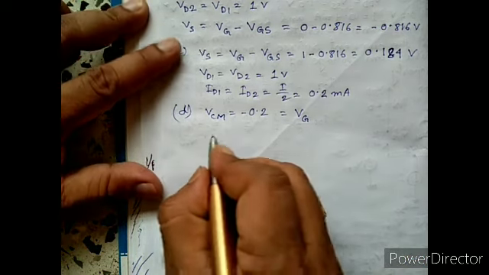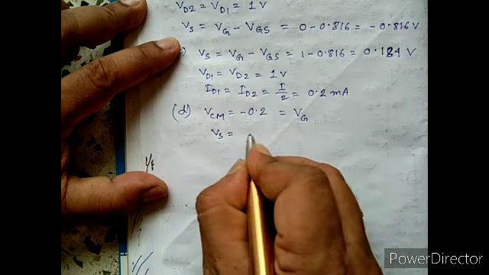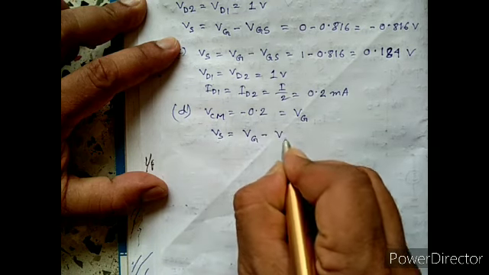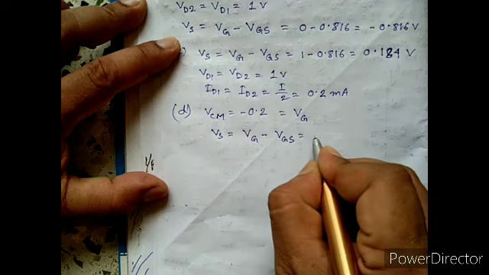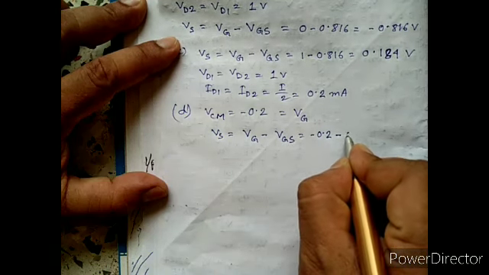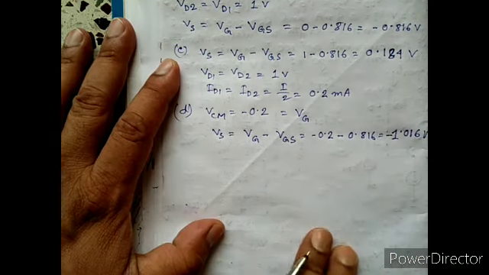So what will be the Vs? Vs equals Vg minus Vgs equals minus 0.2 minus 0.816 volt.